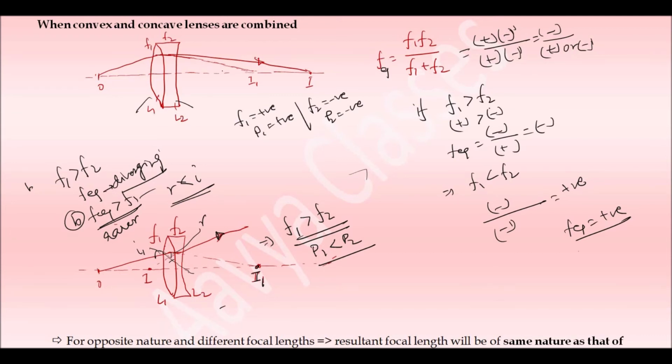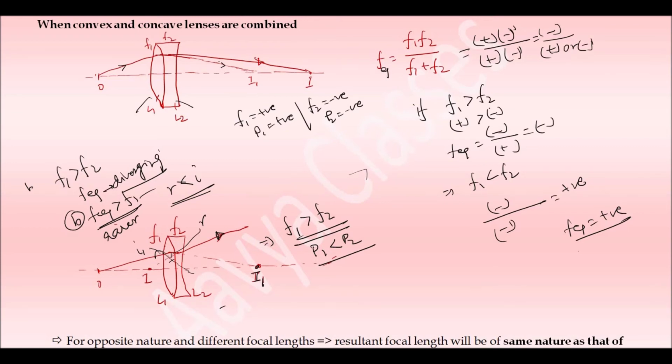If you see this figure, then after the refraction from the first lens L1, the virtual image will form at the point I1. If this lens L2 was not there, then this light ray would have converged at the point I1.